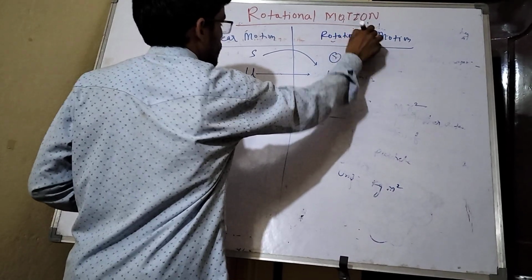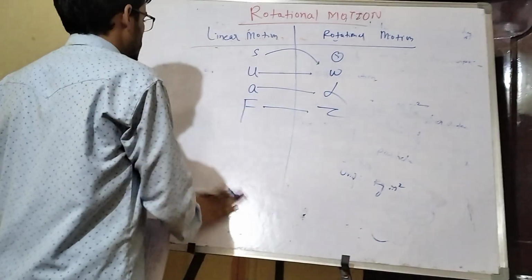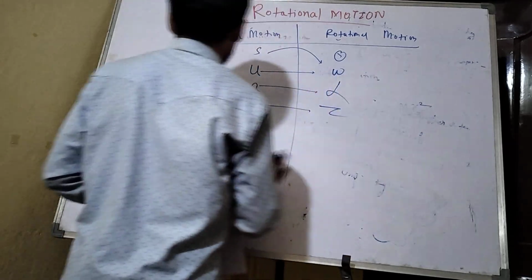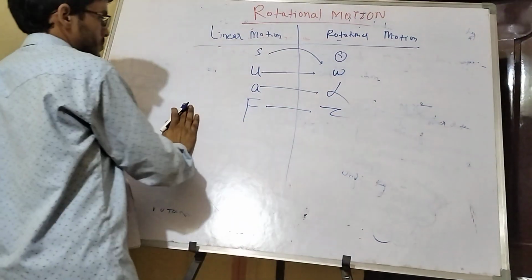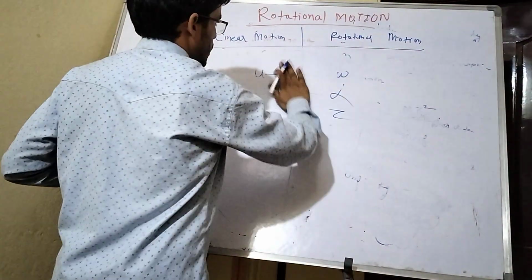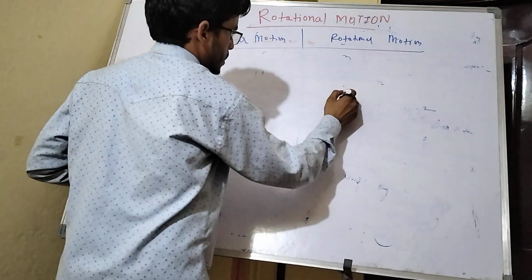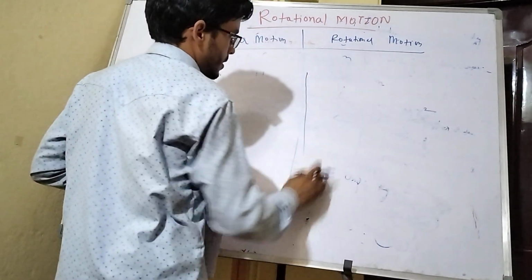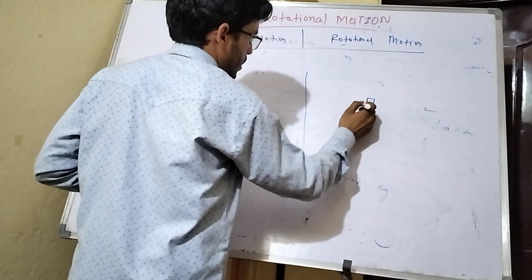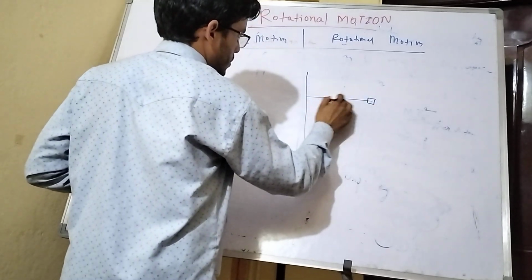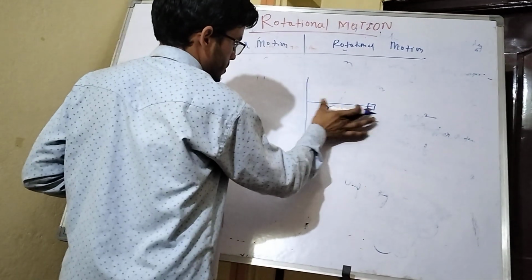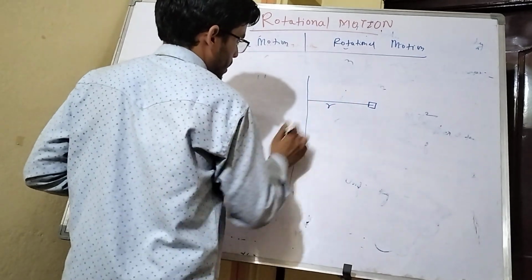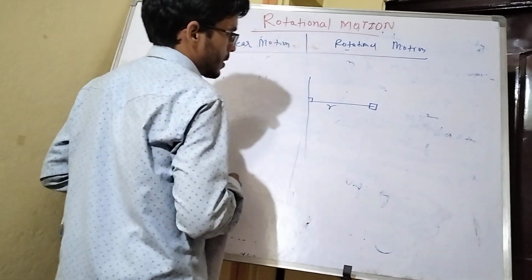Rotational motion, okay. And tell me all of you, suppose this is the axis of rotation, right? And one particle is present here, and the distance of the axis from this particle is r, and this is always the perpendicular distance, right?